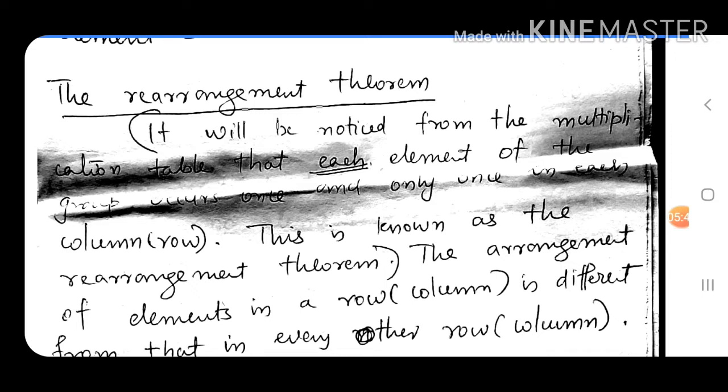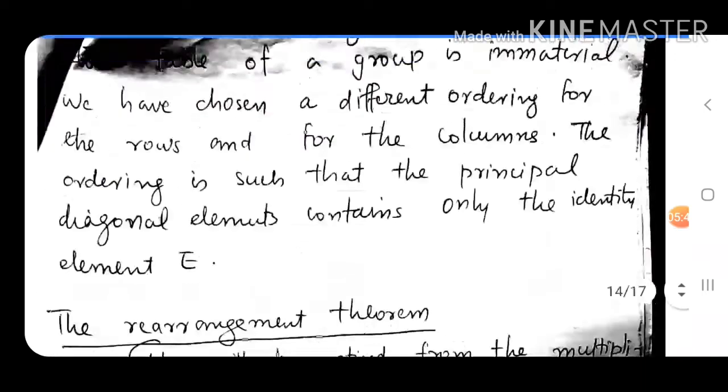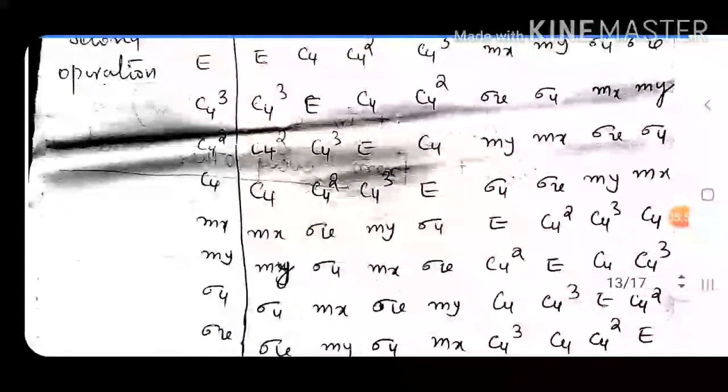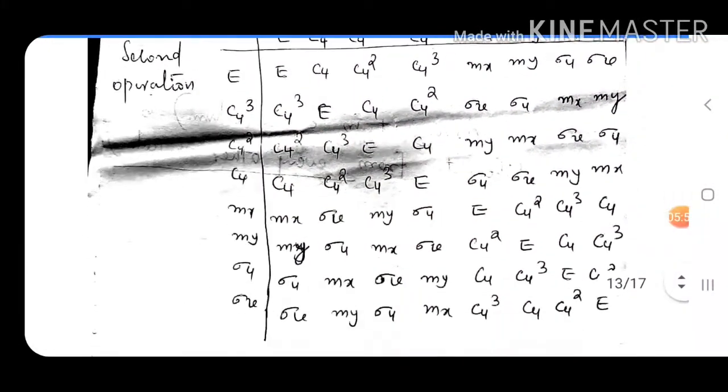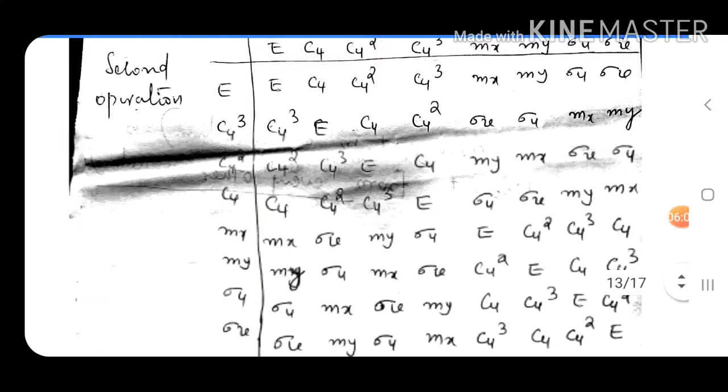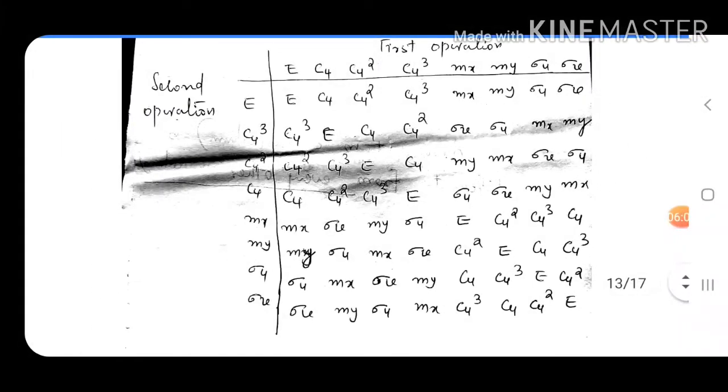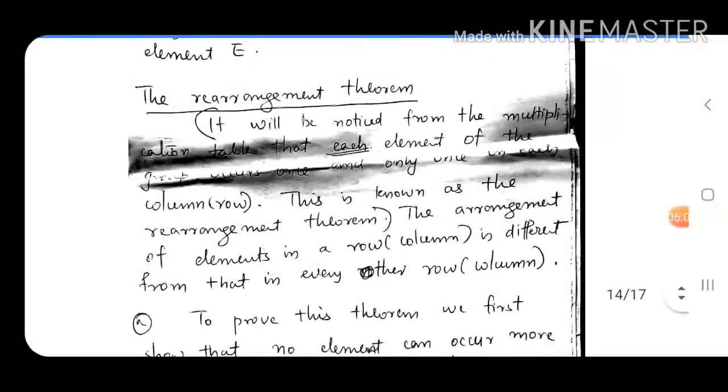Look at the row or column: each element occurs only once. No element is repeated. So each element occurs once and only once. This is known as the rearrangement theorem.